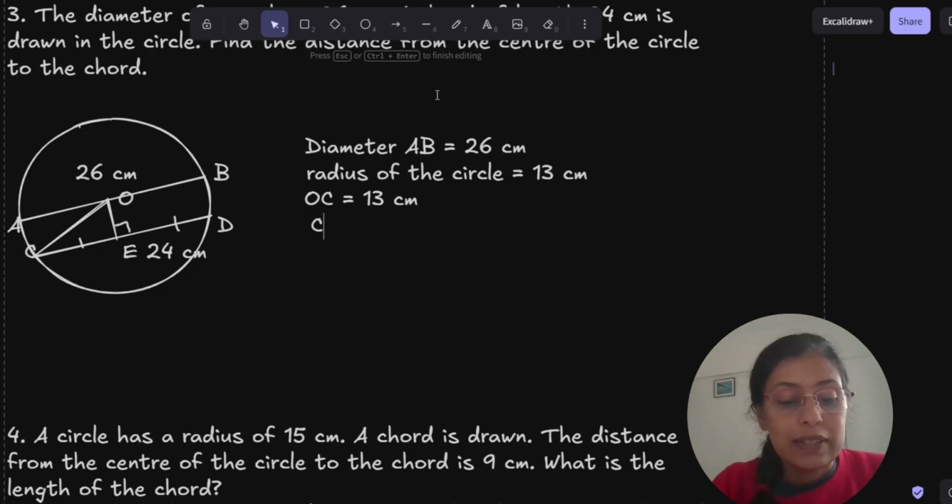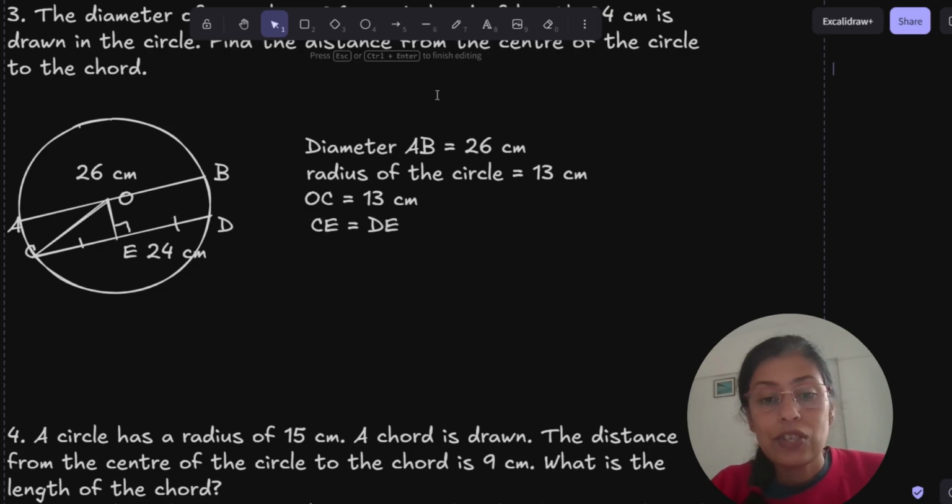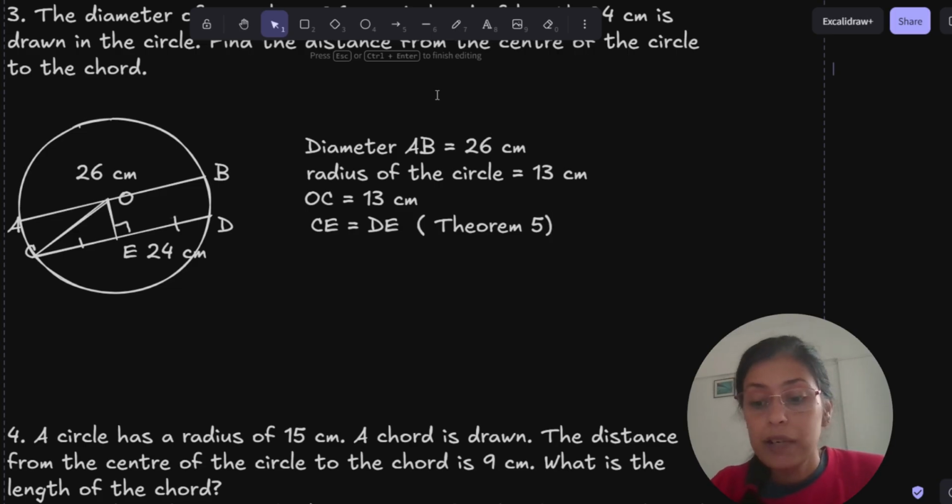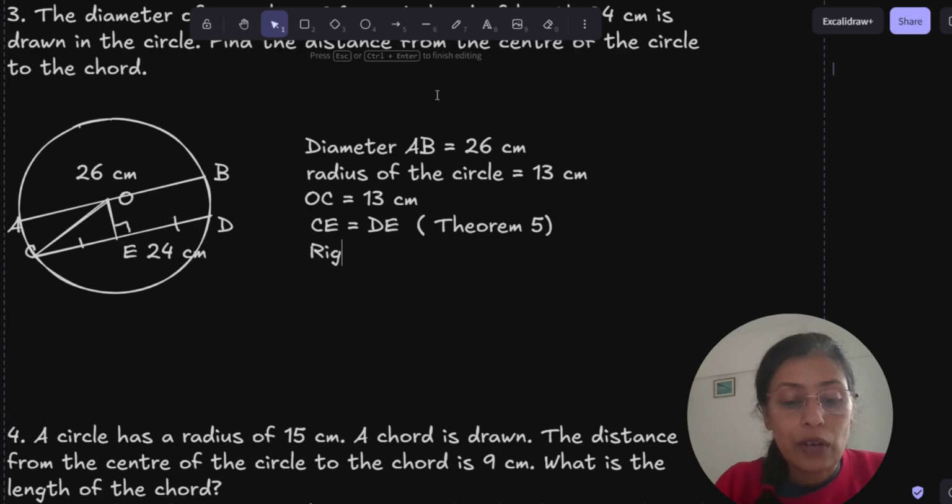We know CE is equal to DE. How do we know that? We know that from theorem 5. I'm not going to write the theorem, but in your answers in the exam, you should write it. Now we see a right angle triangle. The right angle triangle here is OCE.